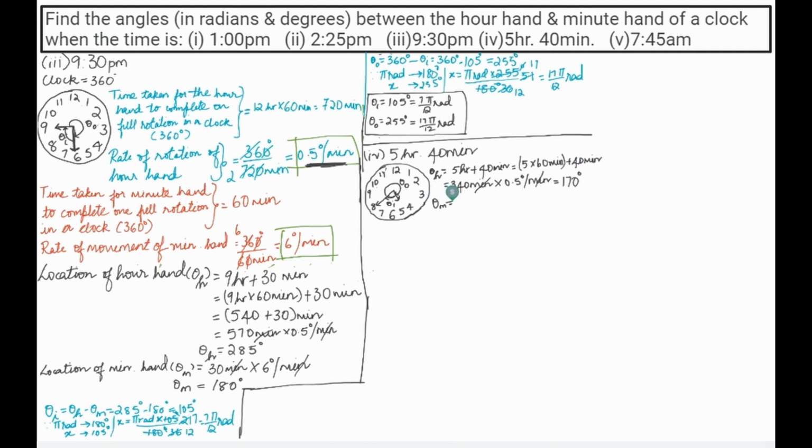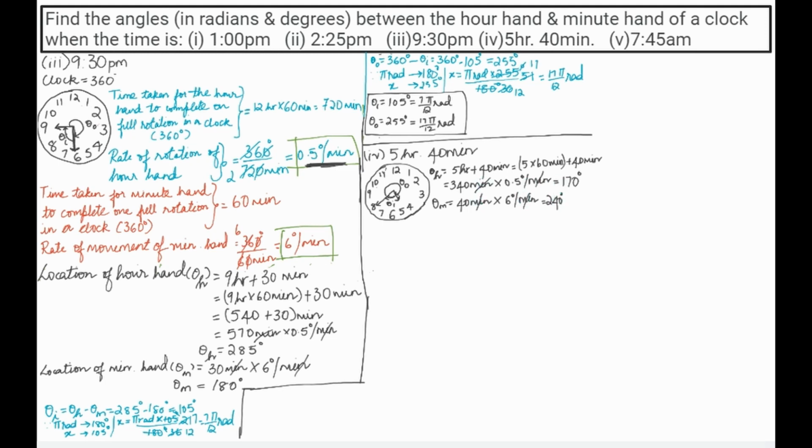So next let us find the location of our minute hand. Minute hand has only moved 40 minutes. Therefore 40 minutes into the rate of rotation of our minute hand, which is 6 degrees per minute, which we have found out already, is equal to 240 degrees. So minute unit and minute unit cancel out each other.